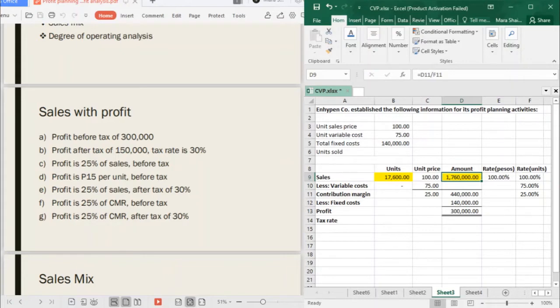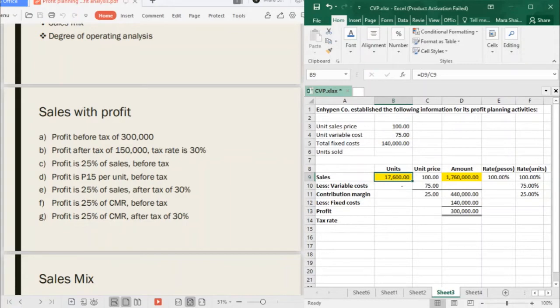Now, again, how we did it is simply your profit plus your fixed cost divided by your CMR. You got it in peso. Now, if what is being asked is sales in units, simply divide it by your unit sales price. So, you get the number of units.